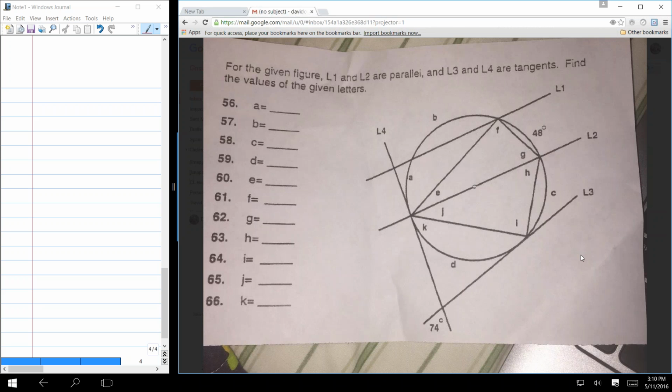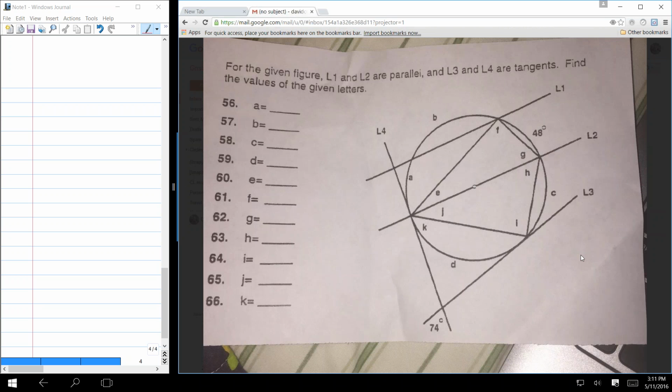In other words, I don't know that we can do C before we do D, even. Or E. Let's fill in E. Let's leave C and D for a second. We know E is 24.